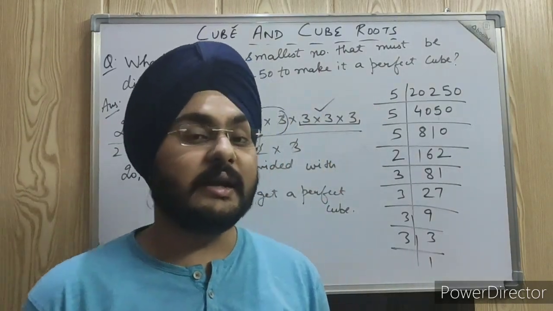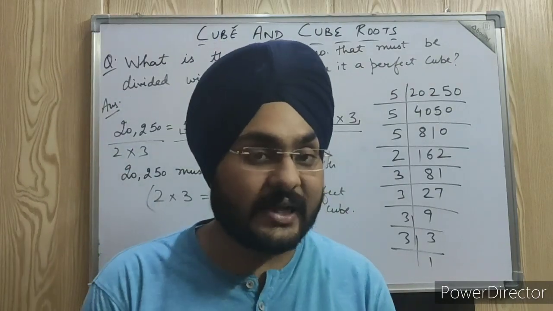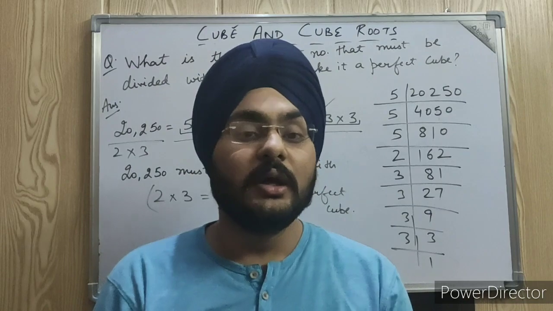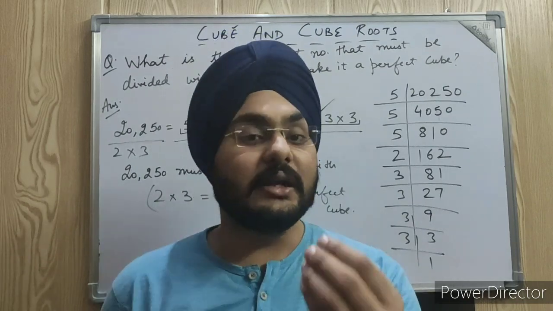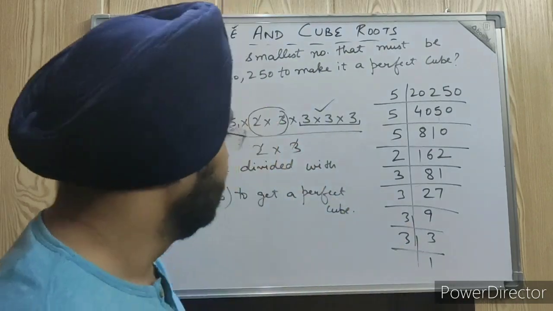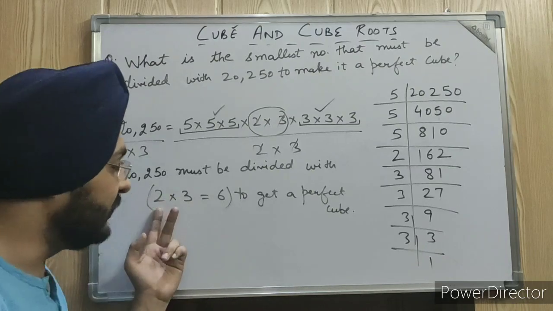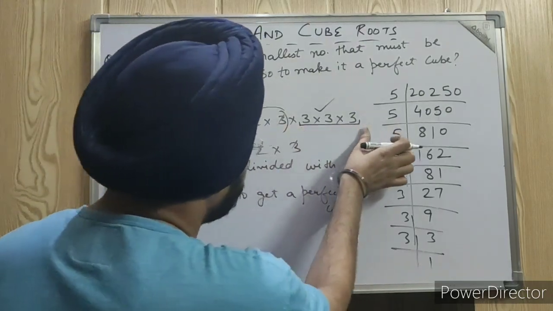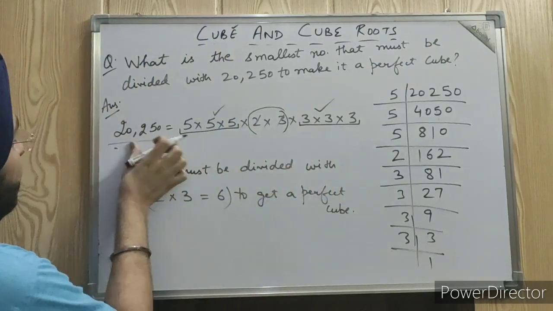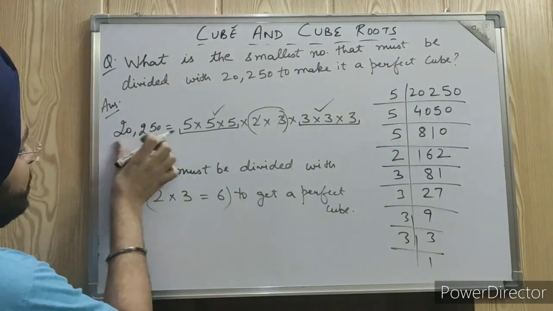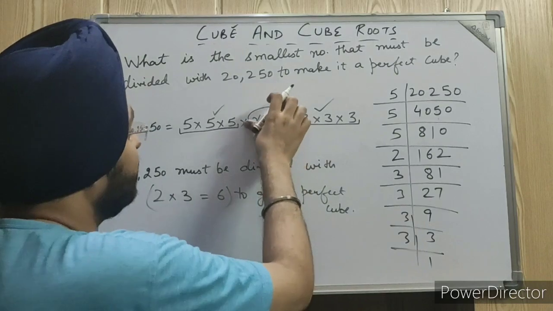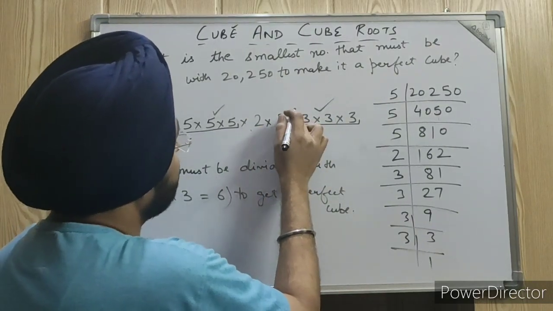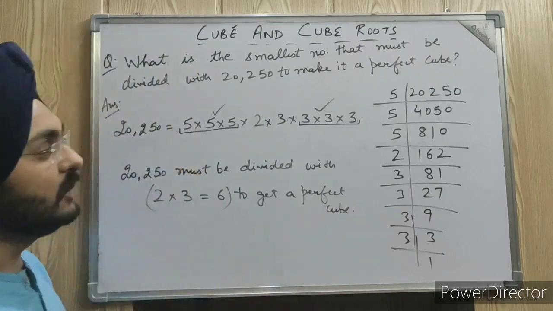And I have told you earlier as well, if we are having just the triplets in the whole prime factorization, that number is a perfect cube. So this is the case where I will be dividing with this 2 into 3 here. So I hope this will be clear to you why we have divided with 2 and 3. Basically 2 multiplied by 3 will be your 6 only. So I hope now this will be clear.